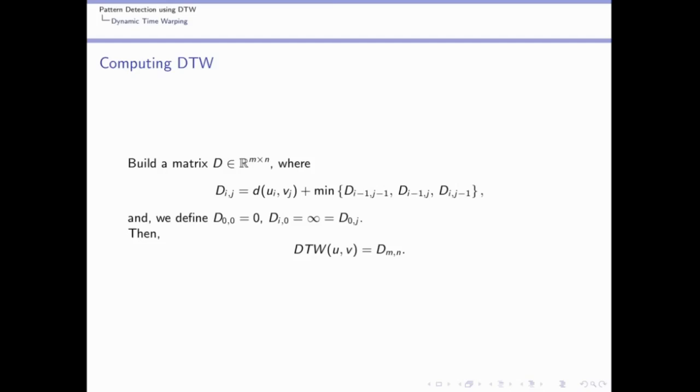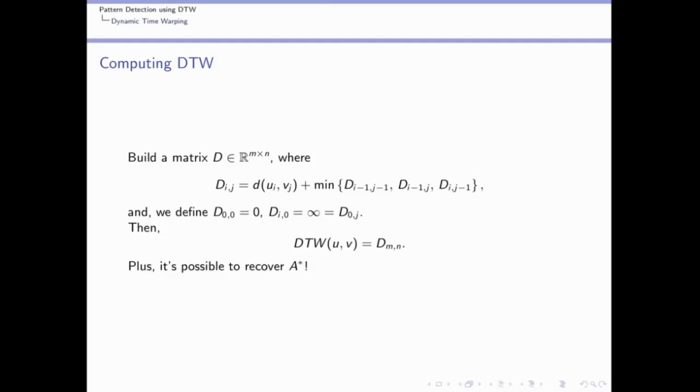And so the dynamic time warping discrepancy is given just by the last element of that matrix, entry mn. And it's actually pretty nice, because from that matrix we can also recover the path, so A star, pretty fast.